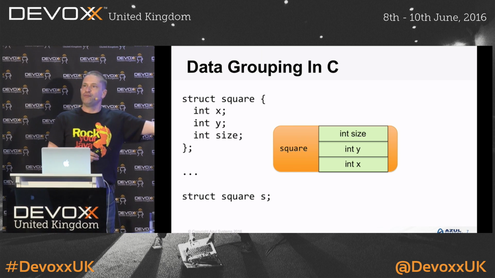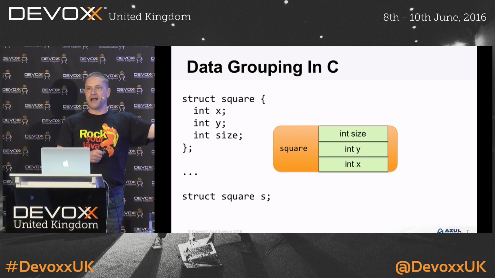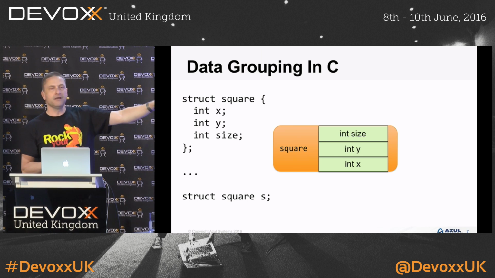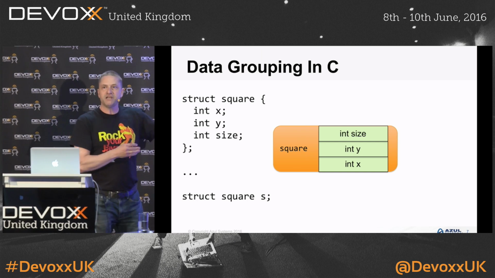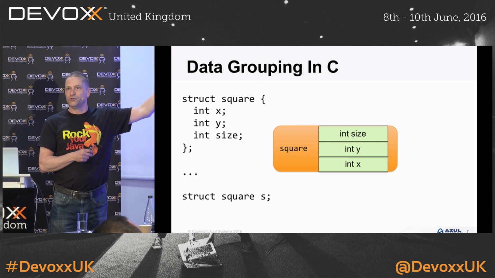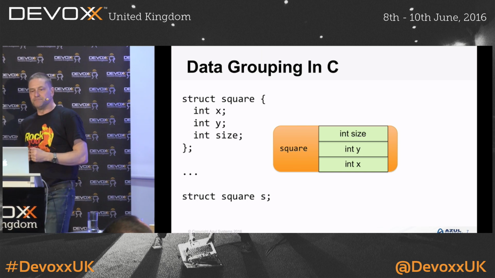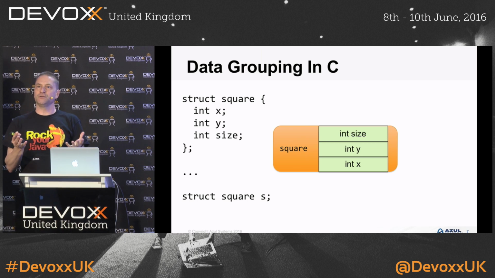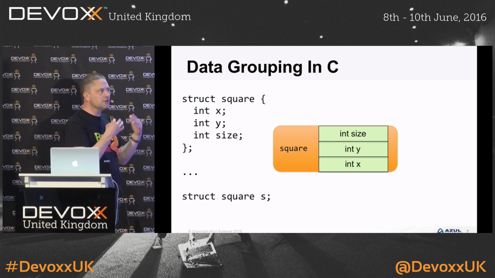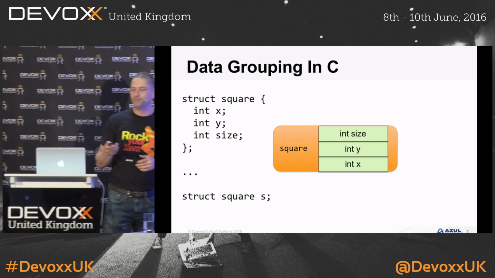If I then create one of these and push it onto the stack, what I'm going to see in memory is something like what we see in the diagram. So we've got three ints on the stack which represent x, y, and size. And the struct really treats those as a single piece of data, even though it's three different values.